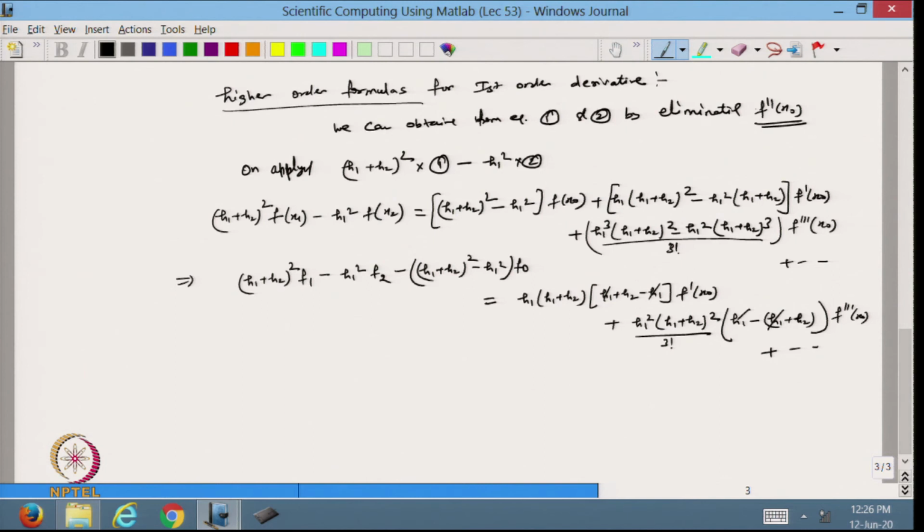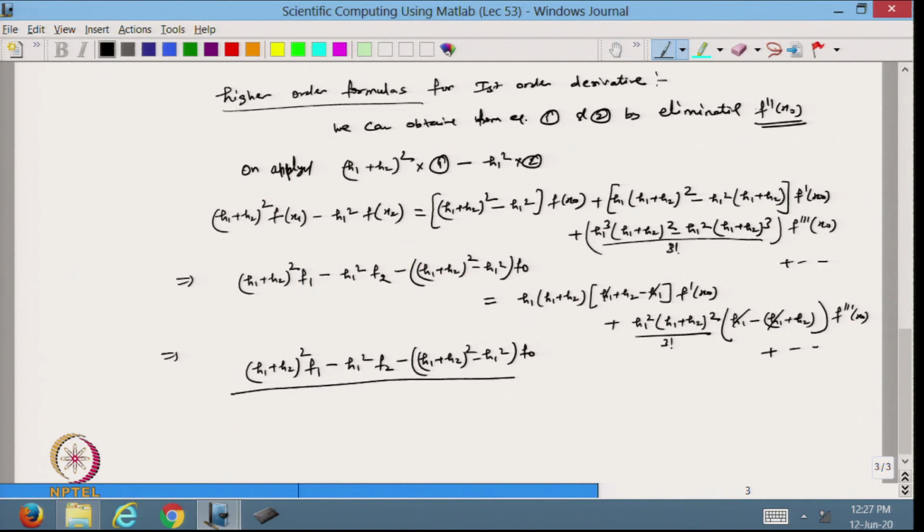So from here also this will cancel out. Now whatever the expression I get, I will divide this by this factor. So from here I can write h1 plus h2 square f1 minus h1 square f2 minus h1 plus h2 square minus h1 square f naught.